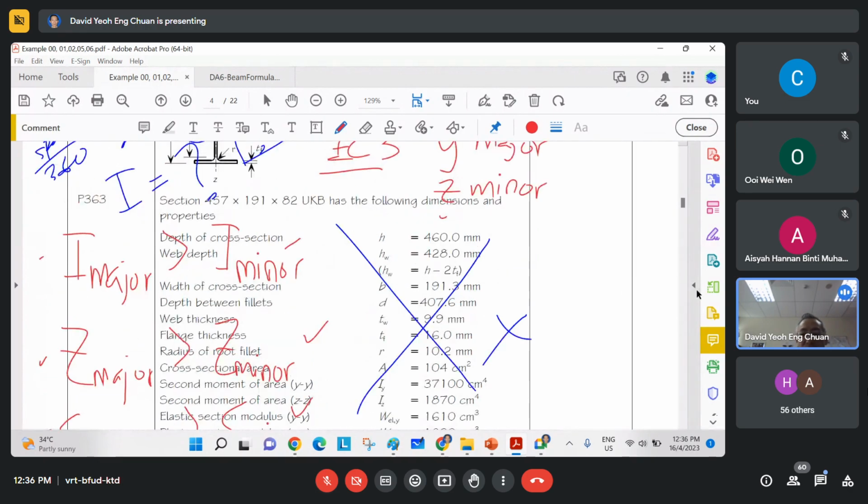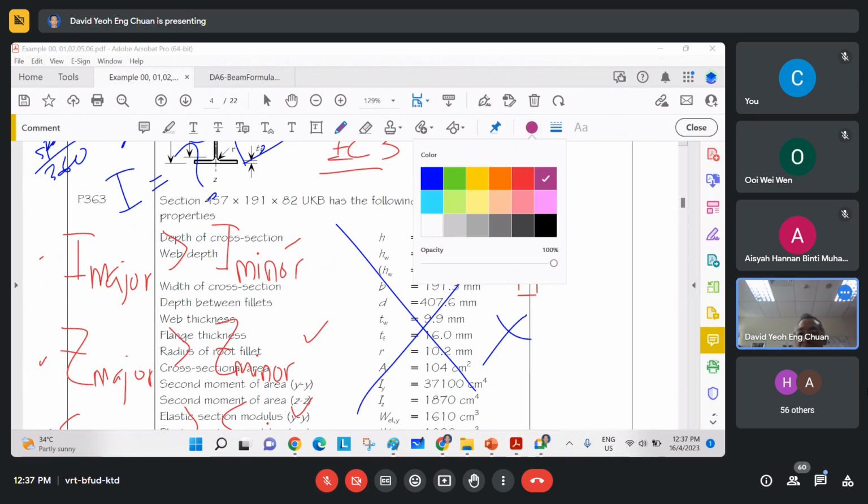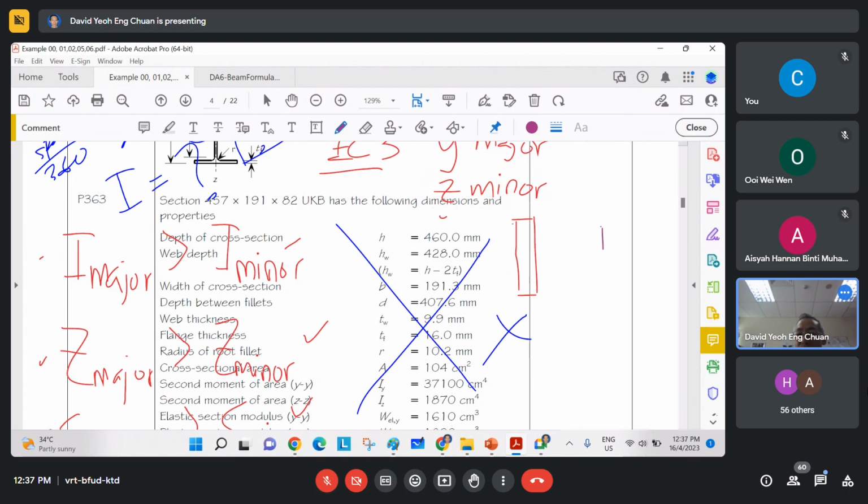So when we build a beam, the clever way to build a beam, if I take it as a rectangular section, the clever way is like this. The not clever way, in purple, which I will draw, is like this. The not clever way of putting a beam is putting it flat.